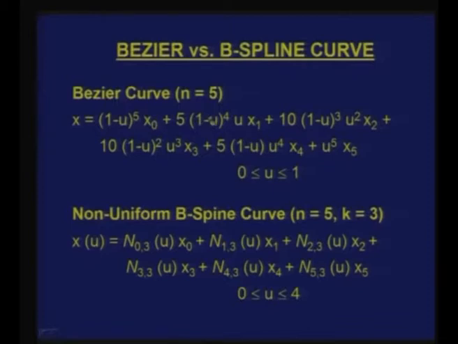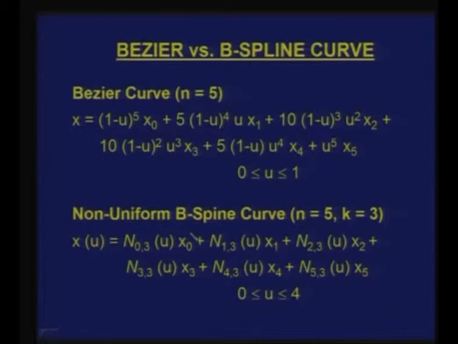Next I have (1 minus u) to the power of 4 multiplied by u. Slowly the power of (1 minus u) decreases and the power of u increases from 0 to 5, with binomial coefficients: 5C0 is 1, 5C1 is 5, 5C2 is 10, 5C3 is 10, 5C4 is 5, and 5C5 is 1, and these are multiplied by the respective x coordinates. This is completely defined between u equal to 0 to 1.